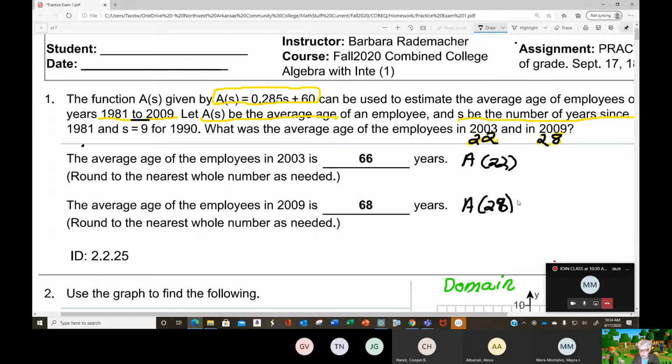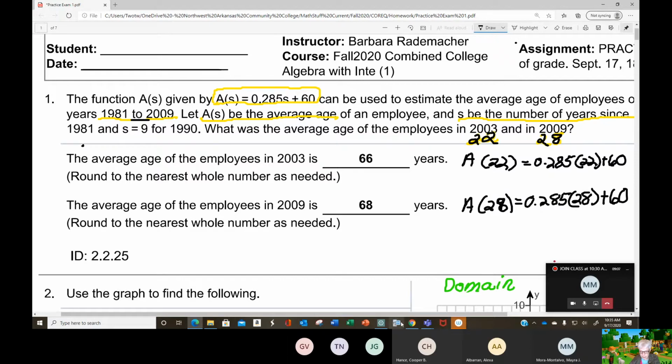I have no idea why I do that. So using this, we would have 0.285 times 22 plus 60, and 0.285 times 28 plus 60. And you put this in your trusty calculator.